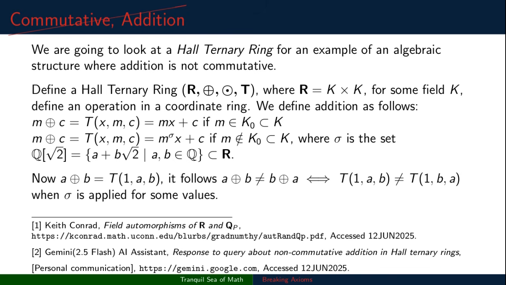Sigma has to be a part of the rationals adjoin the square root of 2. So this is a subset of the real numbers. So we're really looking at the big set as real numbers, and then we have a subset of the real numbers, and we're going to do this operation. Because the position of the number helps define how it's used in the operation, if you change the position, you're going to potentially change the effect in the system, which is why this is now not a commutative addition.